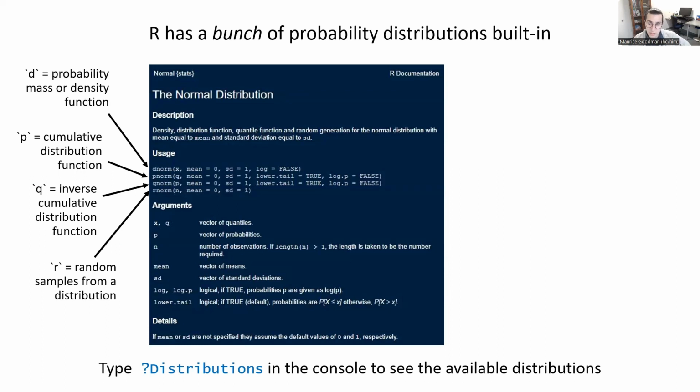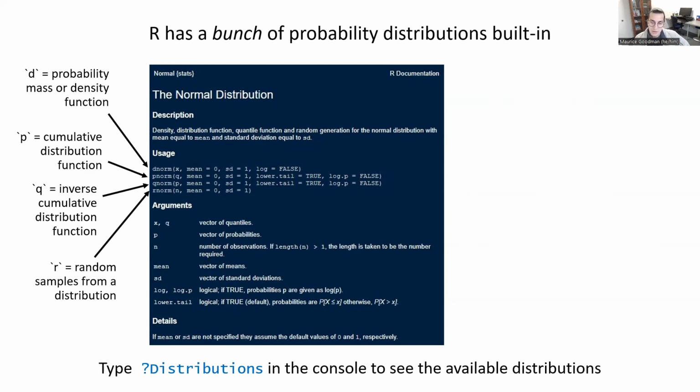Luckily, R has all of these distributions and more built in. You can type ?distributions in the R console if you want to see all the distributions built into base R. We'll also be covering a couple more distributions in the lab. So for each distribution, R usually provides 4 functions. The first has the D prefix. In the case of the normal distribution, for example, it's dnorm.